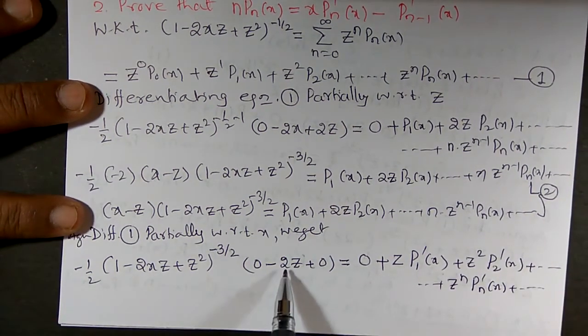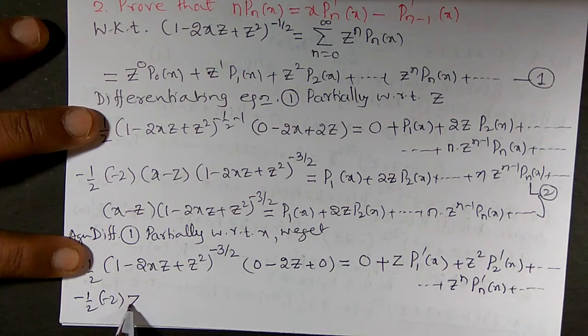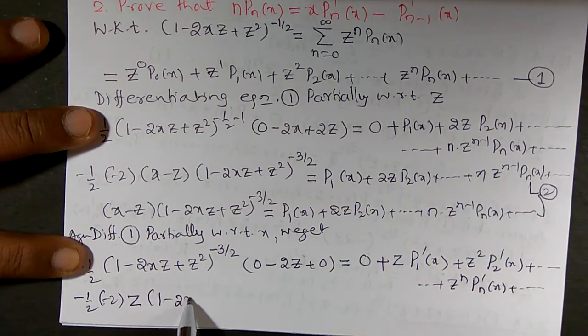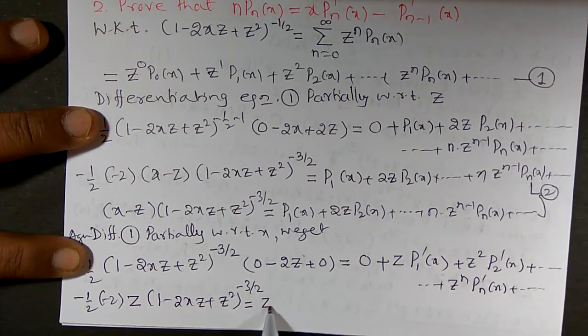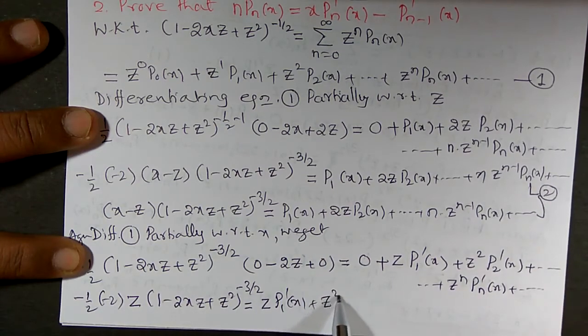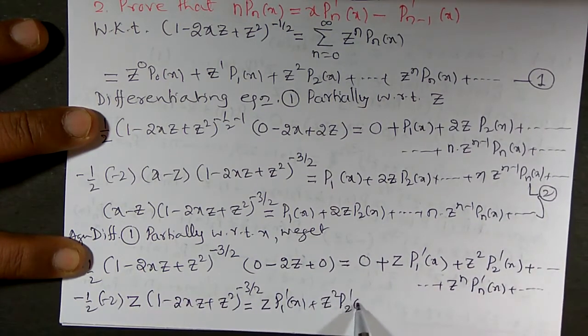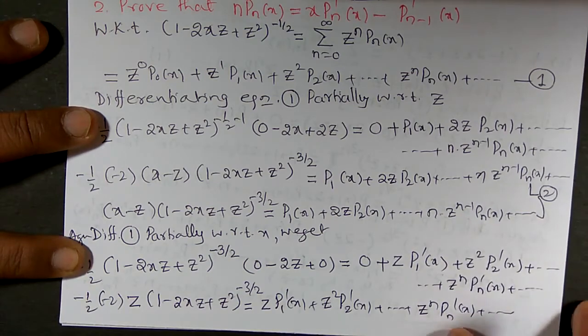Simplify the left side: I will write minus 1 upon 2 into minus 2, so z into (1 minus 2xz plus z squared) raised to minus 3 by 2. This is equal to z P_1'(x) plus z squared P_2'(x) plus so on, plus z raised to n P_n'(x) plus so on.